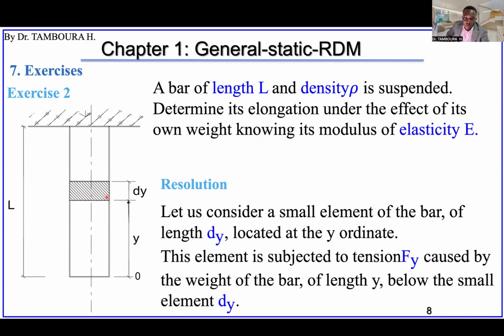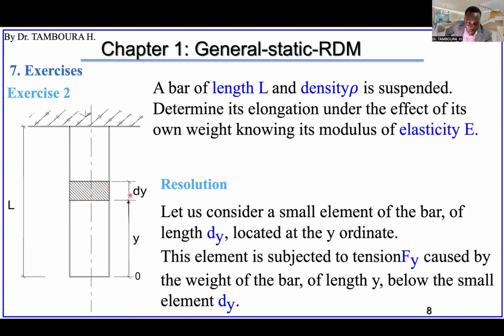The thing is, at any point you are in this bar, for example, if you are in this element, the weight of the bar acting on this element is the weight of the part under this point. So you just choose an element anywhere in this bar, and consider this element as the element of study.